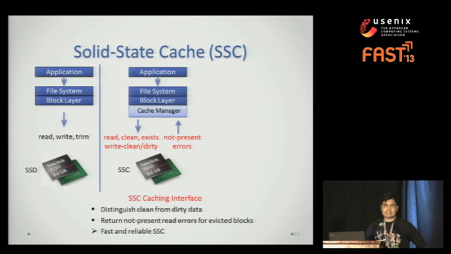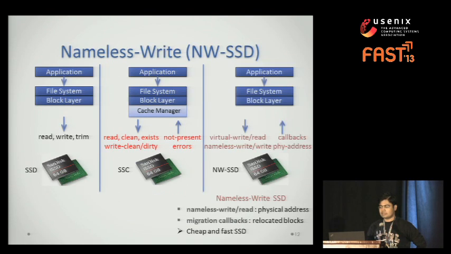Also, if the device internally evicts a block, then it returns an error on a read to that block, and the operating system can fetch that block from the underlying disk tier. This is the not-present read error. The motivation of designing this SSD was to build a cache which is higher performing as compared to using SSDs as a block cache, and also more reliable in terms of flash wear-out.